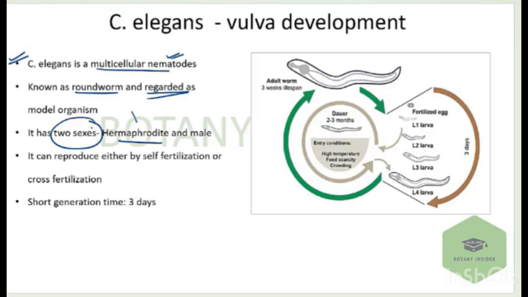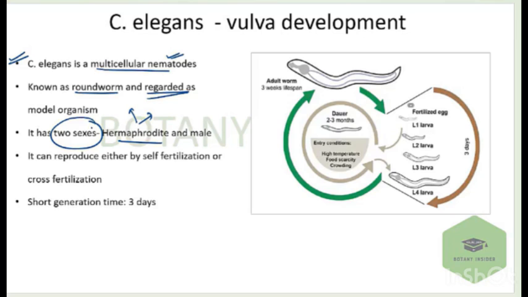Hermaphrodite is the organism which has both the characteristics, or which showcases the reproductive phases of both the male and the female. Right now there are two ways it can reproduce: either with the help of self fertilization, because it is having the male and female part, or with the help of cross fertilization.